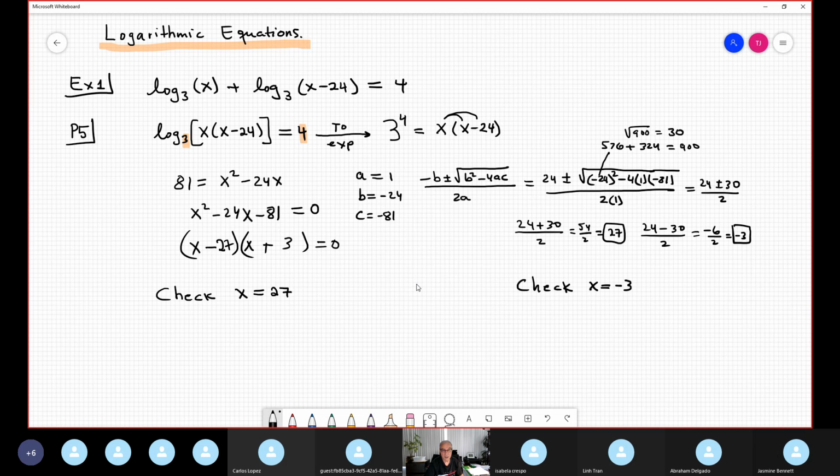Well, it's obvious that negative 3 doesn't work. Why? Because when you plug in negative 3 here, it's undefined. Logarithms do not accept negative numbers. Well, this is a fact: the logarithm of a negative number is undefined.